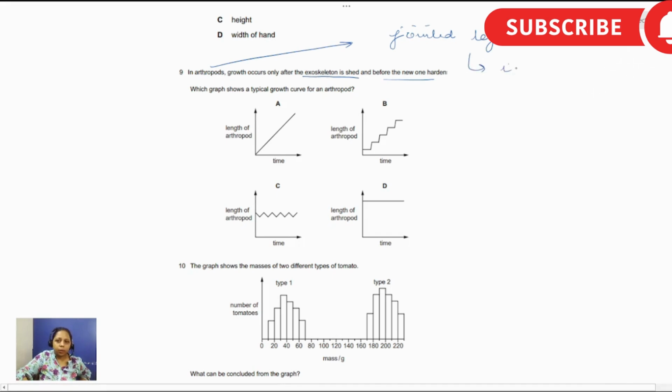Moreover, they are invertebrates, and this is related to the characteristics of organisms. Then they have an exoskeleton, and the last point is that they have segmented bodies. There was a question in previous years asking for the general characteristics of arthropods, so you should know them. Okay, let's move to this graph.